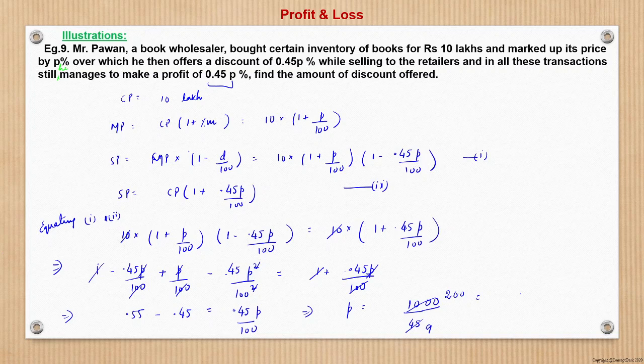So P is 200 by 9, which is 22.22%. Yeah, same as what we had done. So this is the answer to this question.